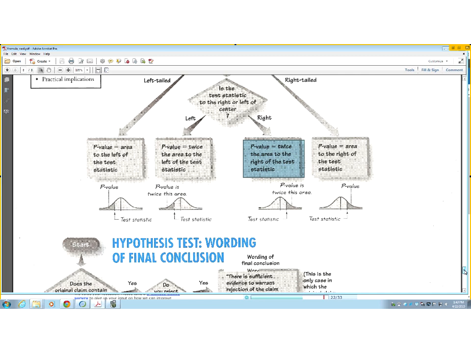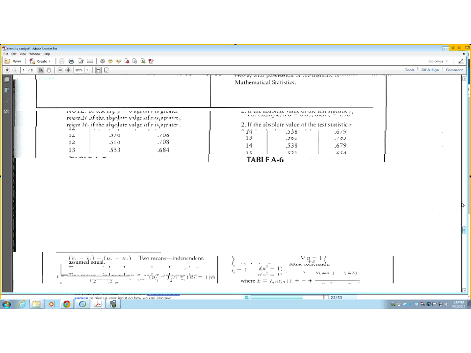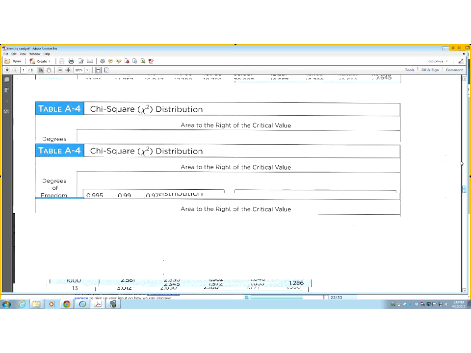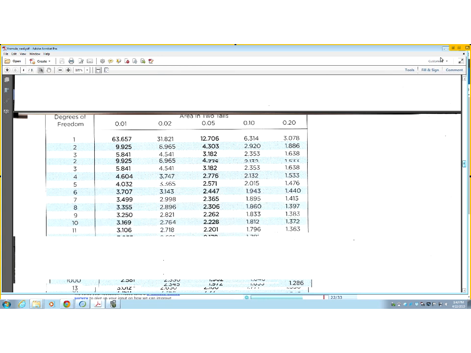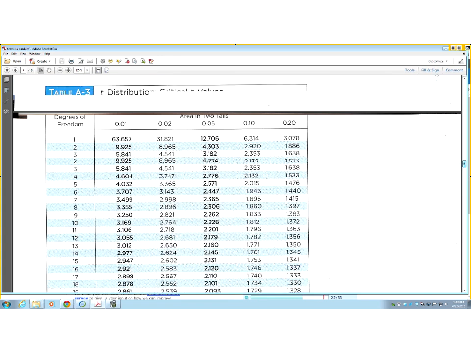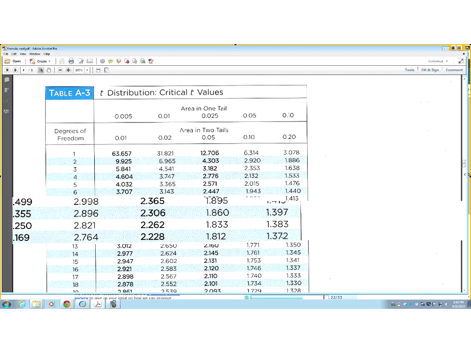Okay, so what I'm looking, I'm going to scroll pretty quickly here, so you might want to turn away so you don't get dizzy. Okay, so those are my critical values for T. Let me see if I can make that bigger, but that didn't help. Okay, so let me just go ahead and move it over.